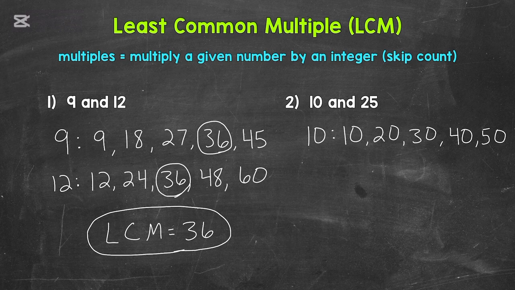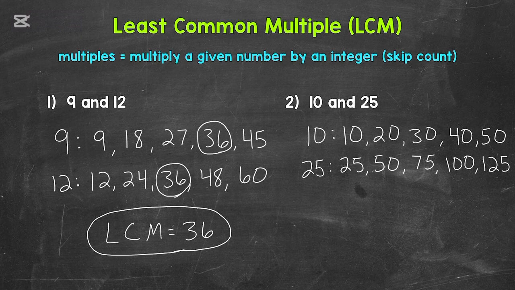Now let's list the first 5 multiples of 25. So 25 times 1 is 25, 25 times 2 is 50, 25 times 3 is 75, 25 times 4 is 100, and then 25 times 5 is 125.